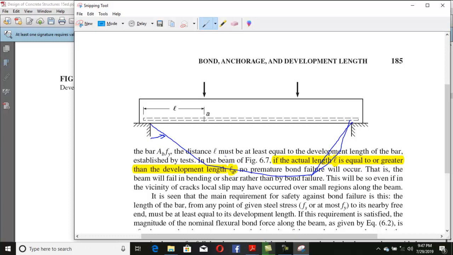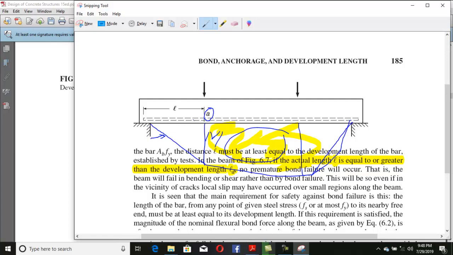This shaded portion is the region where the maximum bending will occur. In this region there is the maximum moment, which is developed at this point A.